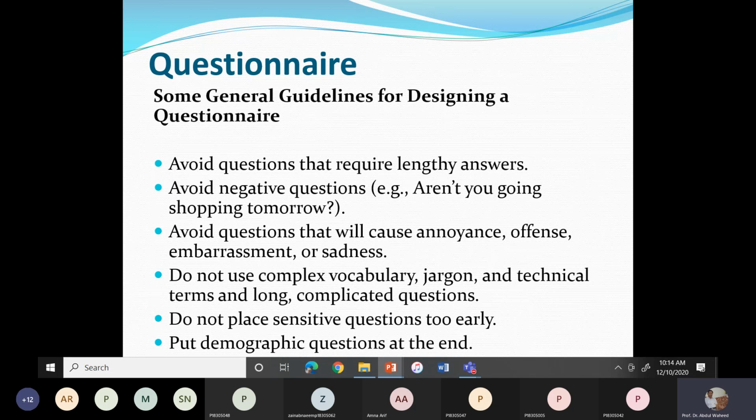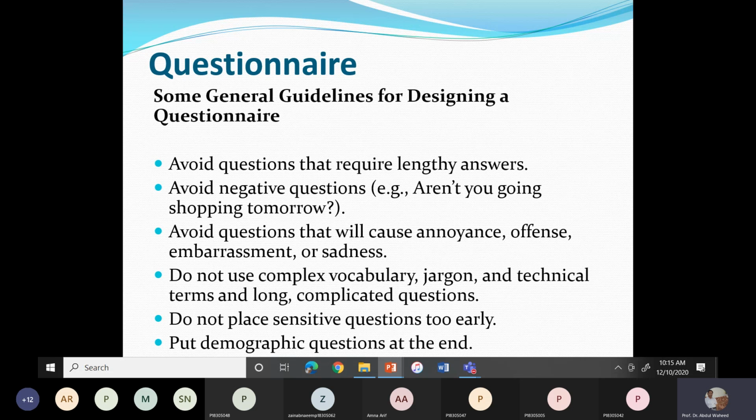You have to use simple vocabulary, don't use complex vocabulary or jargon or technical terms. People are not aware of technical terms, so make your questions simple, and it is suggested that it should be in the local language so that people can understand your questions.